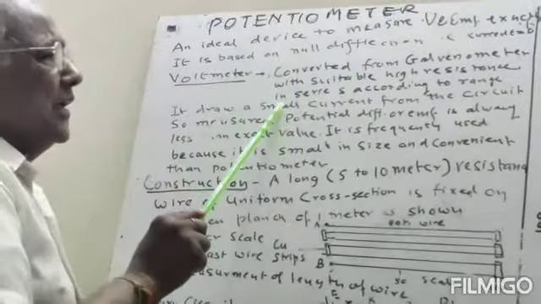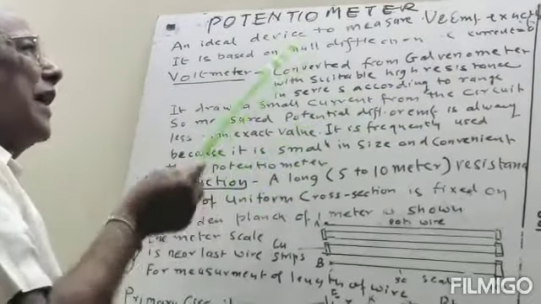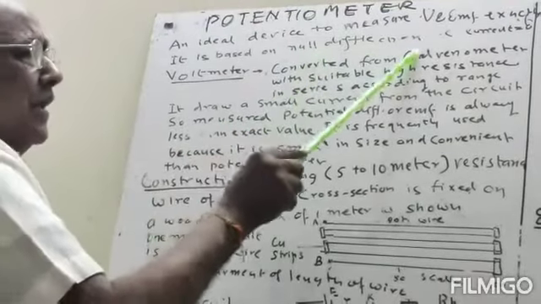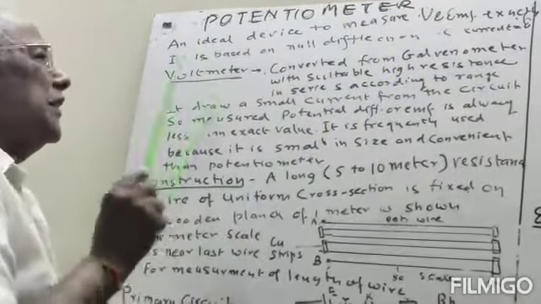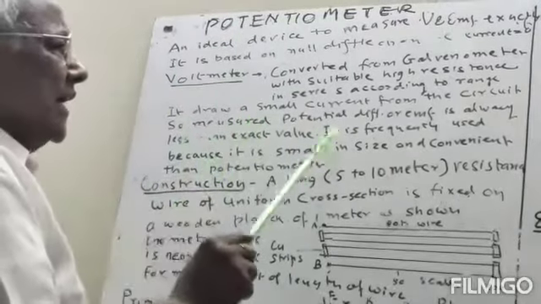Here in the voltmeter we get the direct voltage, and here we will have to calculate and find the value of the potential or EMF. So the voltmeter is convenient as well as its size is less.